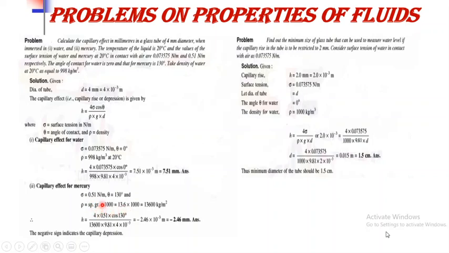So by using the formula, specific gravity is equal to density of any liquid to the density of standard liquid, that is water. So here the specific gravity of mercury is 13.6. So we are multiplying it by the density of the water, which is mass density, that is 1000. So 13.6 into 1000 is equal to 13,600 kg per meter cube.